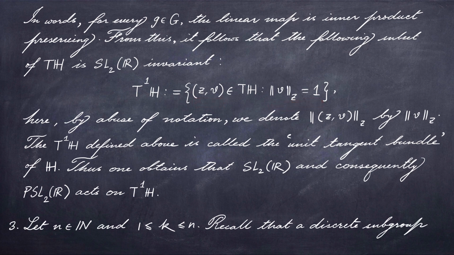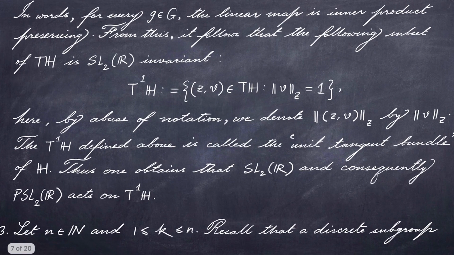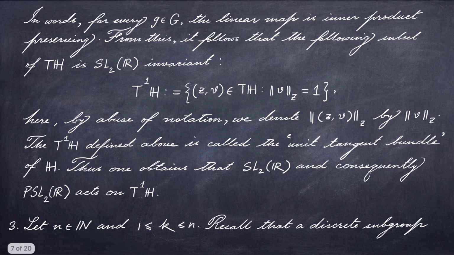So what is this? For simplicity, this quantity is nothing but the norm of the pair z comma v. Like earlier, I have deliberately dropped z from the first component. So basically this consists of all unit vectors from all the tangent spaces, okay.